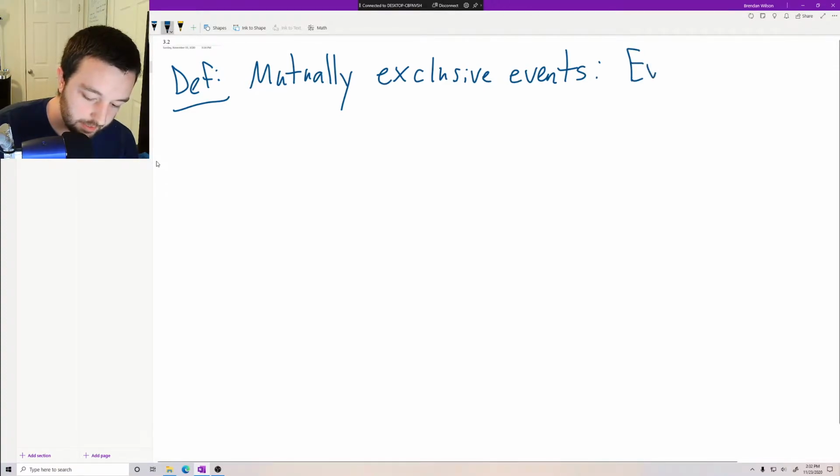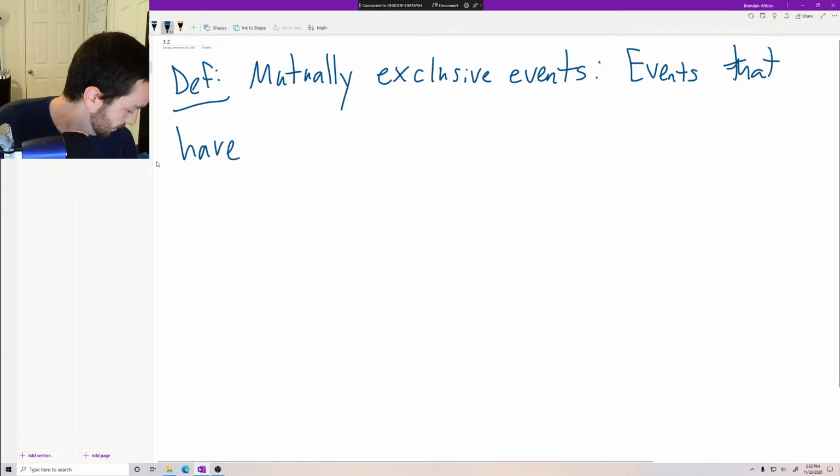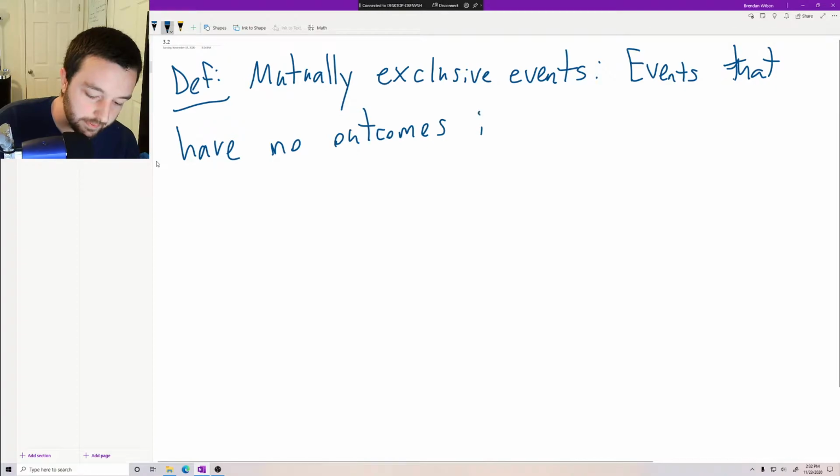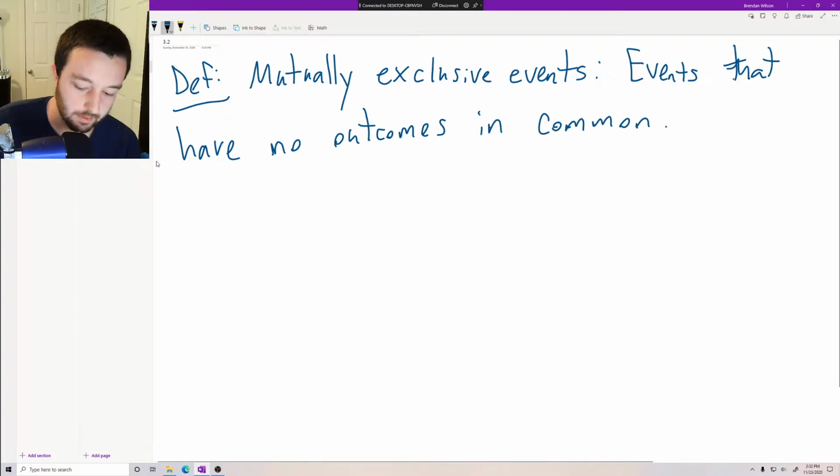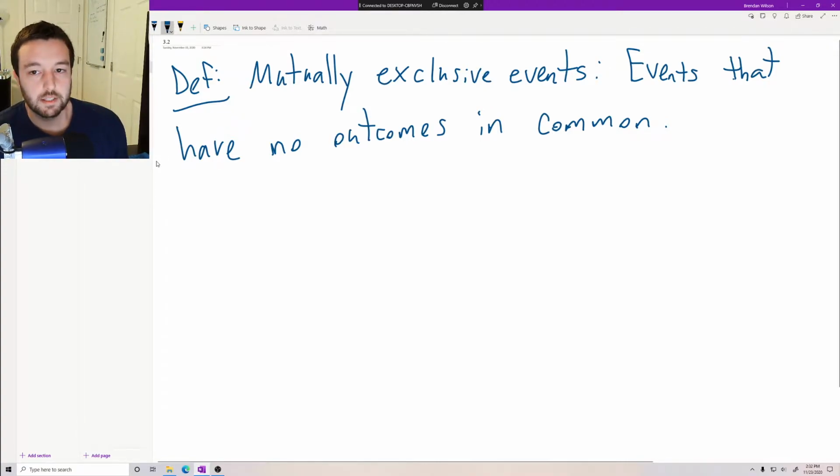These are events that have no outcomes in common. This is a little bit of a technical definition. There's an easier way to think about it, but let's think about this first. So events that have no outcomes in common.